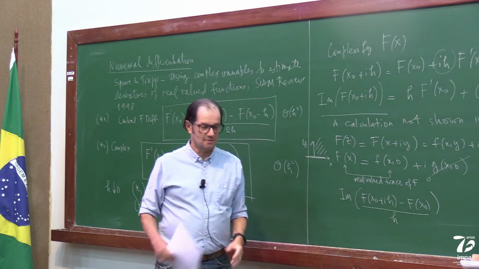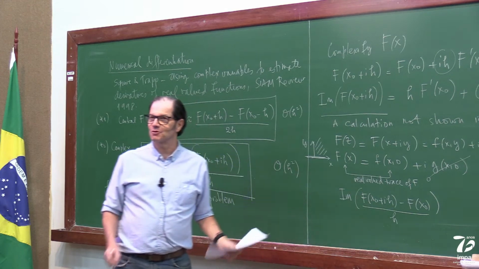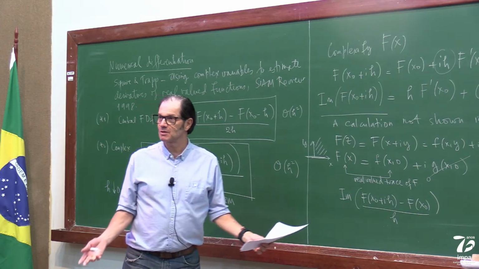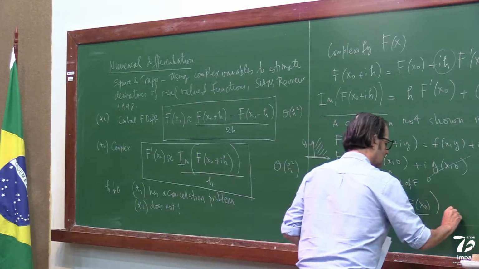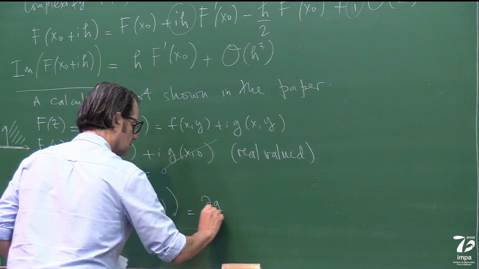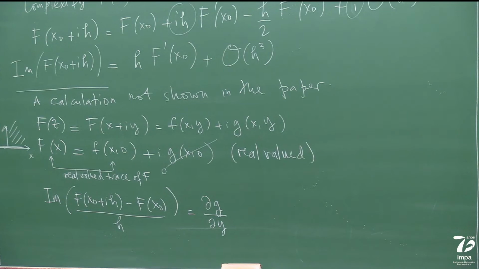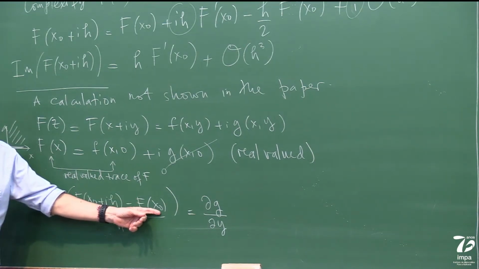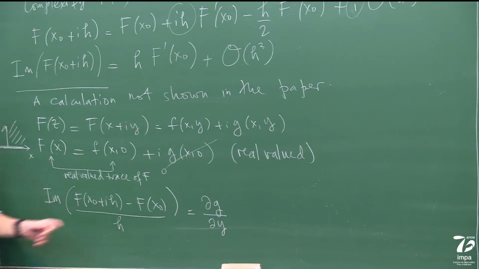But what is this? And that's the cool part, I think. They should have put this in the paper. Particularly, it's supposed to be a more elementary paper, right, to help students. This is nothing more than this. Look, it's the imaginary part of a derivative on the real axis with a complex step, okay?